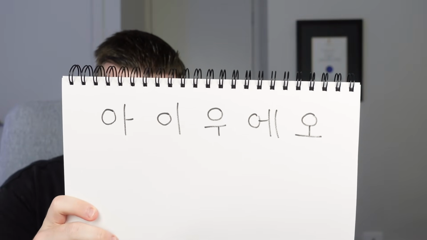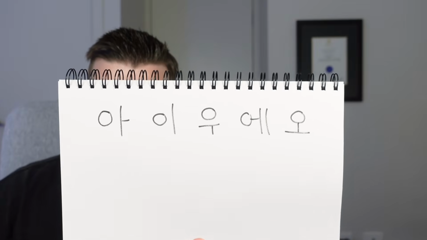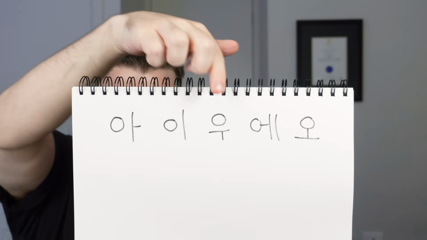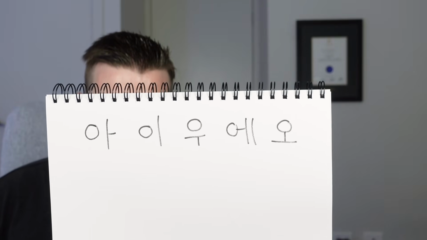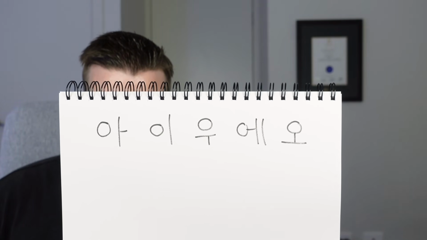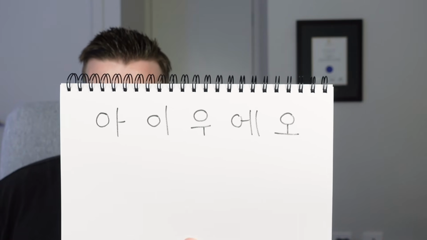A, I, U, E, O. With the ing, right? What can you notice? What pattern is common here? Look mainly at where they're placed.